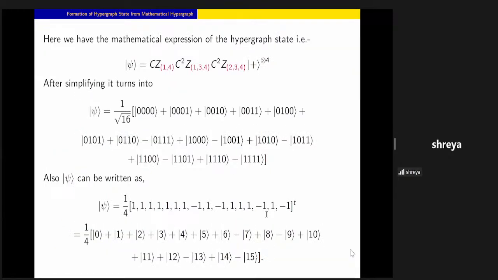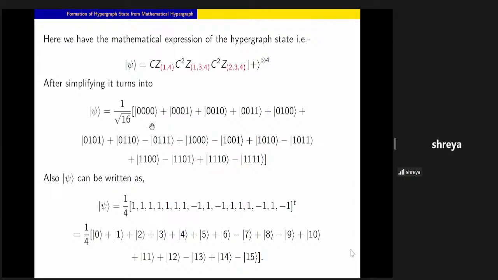And this is how we can construct a hypergraph state from a mathematical hypergraph. Like, here we take the state psi. Here control Z for 1, 4, as this is only a length 2 edge, that is why 1 control. This is of length 3, that is why 2 control Z. Similarly, another 2 control Z.